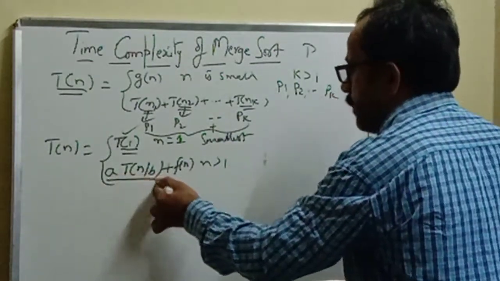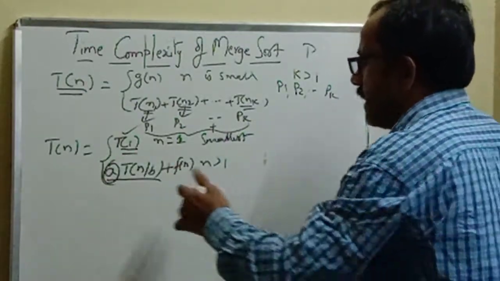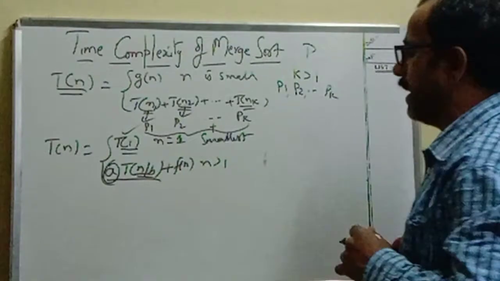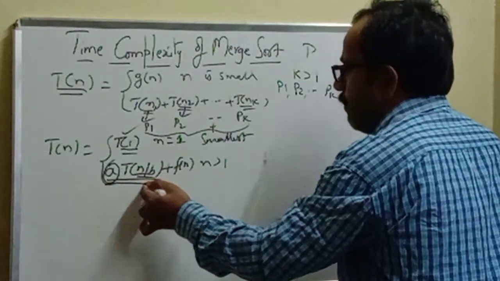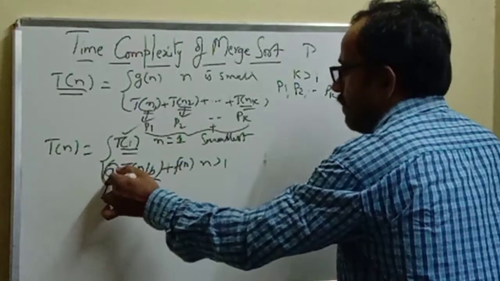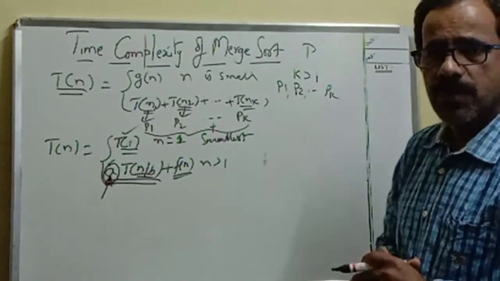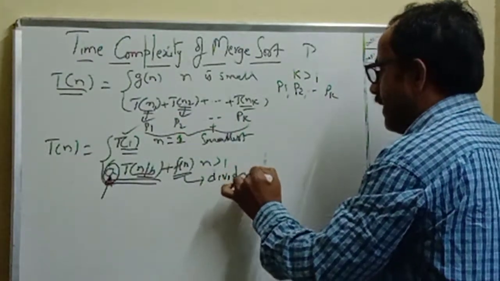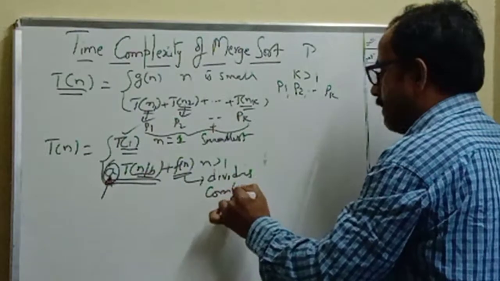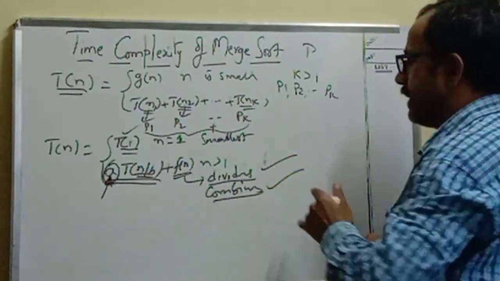Suppose the problem is divided into a number of sub-problems and each sub-problem contains n by b elements, then the total time needed is a times T of n by b, plus f of n. Here we are applying divide and conquer, so f of n is for dividing and combining. Some time is required for dividing, and some time is required for combining.